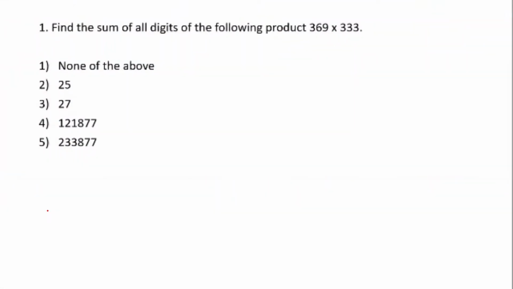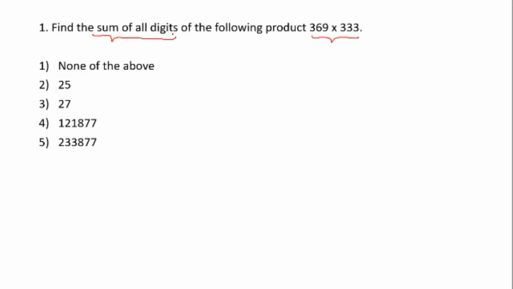So let's begin. Let's start with question 1. Find the sum of all digits of the following product, 369 times 333. I believe all of you will be able to get the product of this. You can simply multiply that. Remember that it's not asking for the product, but the sum of all the digits.